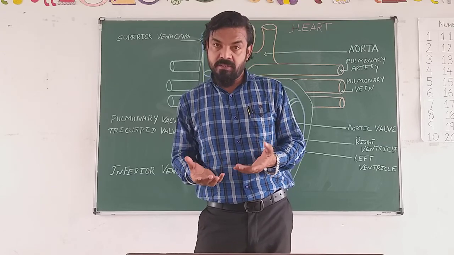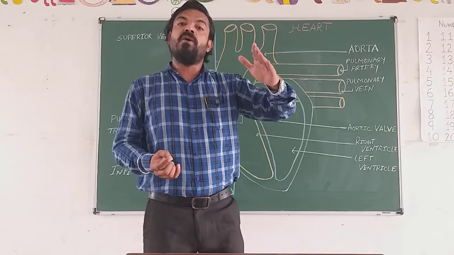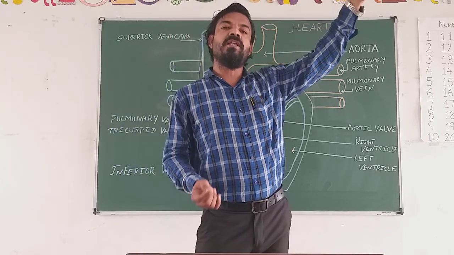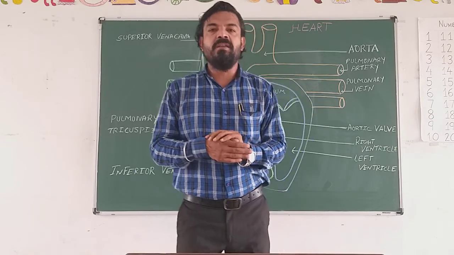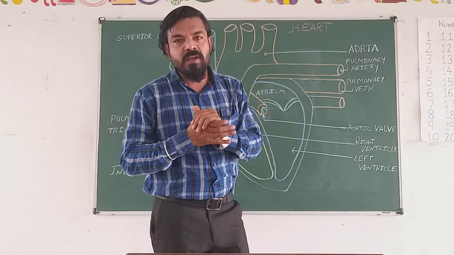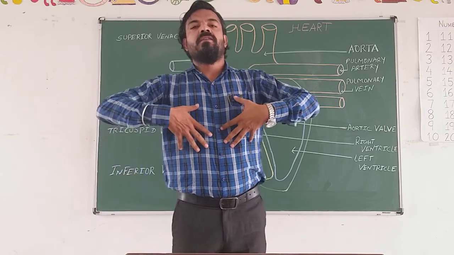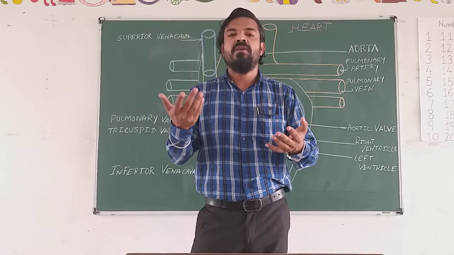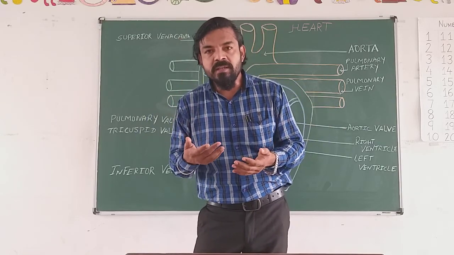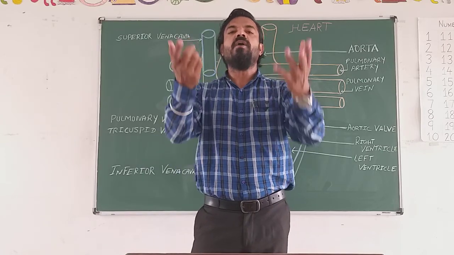Deoxygenated means blood which doesn't have oxygen, or has a lesser amount of oxygen and a higher amount of carbon dioxide. In the respiration chapter we understood about our lungs, inhalation and exhalation. During exhalation, more carbon dioxide and some amount of oxygen is thrown out.